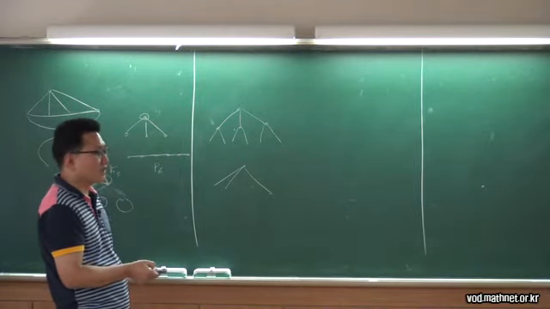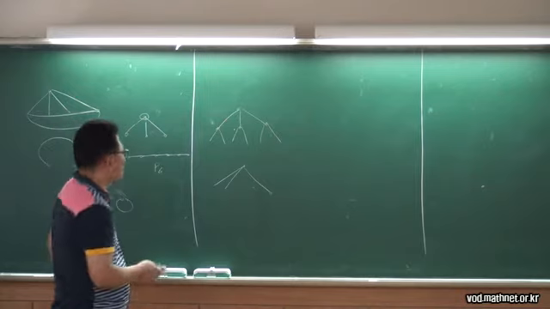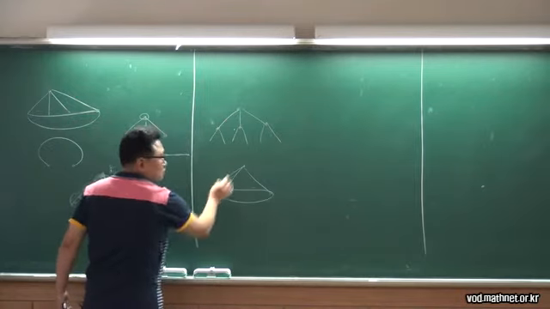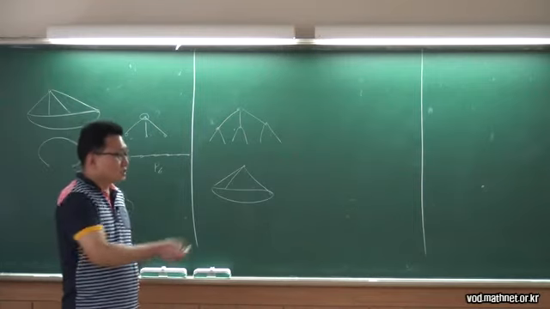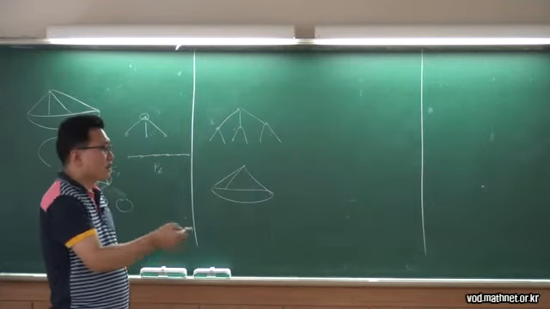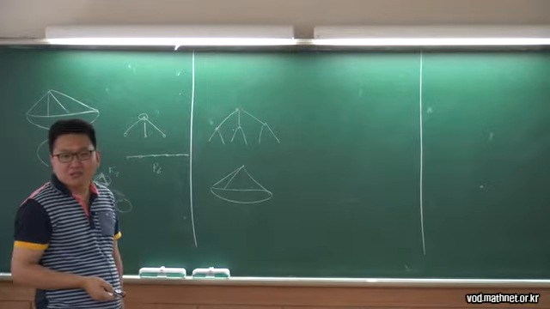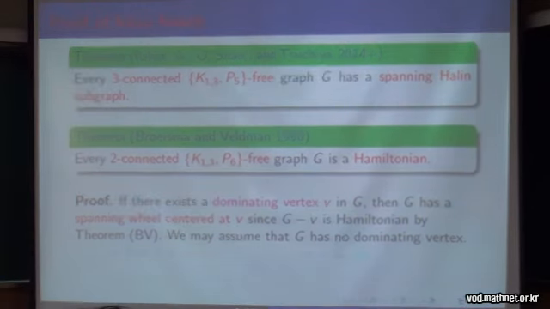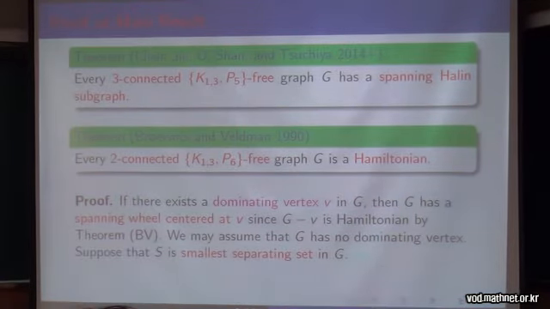So we have a Hamiltonian. So we can have a cycle like this when you delete this one. So then the graph has a spanning wheel. I mean, a spanning wheel is also a spanning Halin subgraph. So we can assume that there is no dominating vertex. So now we can think about the smallest separating set in here.